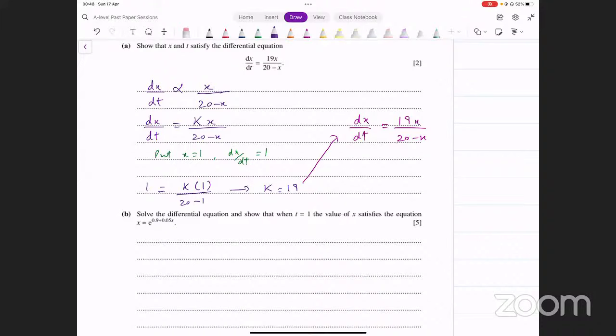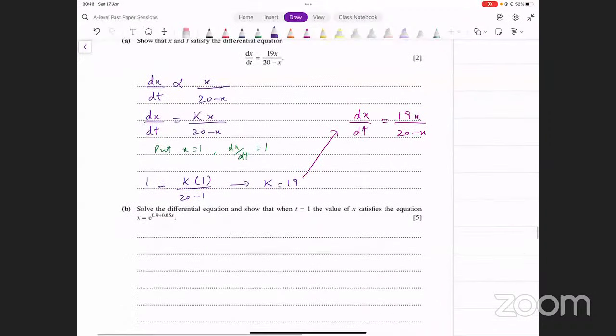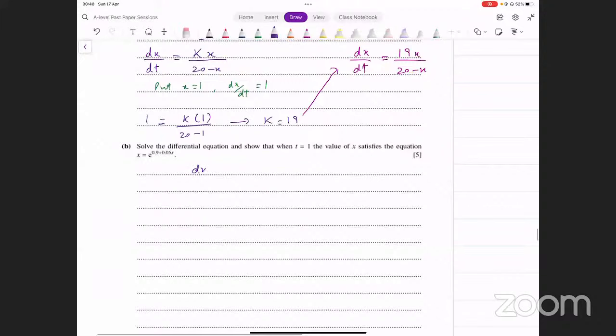Acha, solve the differential equation and show that when t equals 1, the value of x satisfies this equation. Okay. इस differential equation को हमें solve करना है. dx over dt equals 19x over 20 minus x.